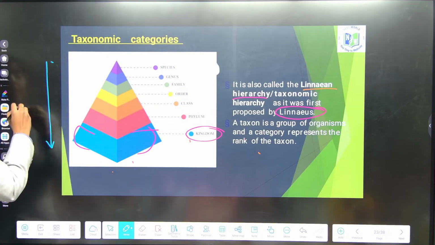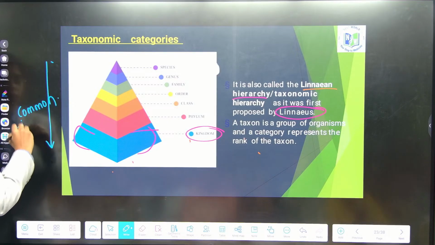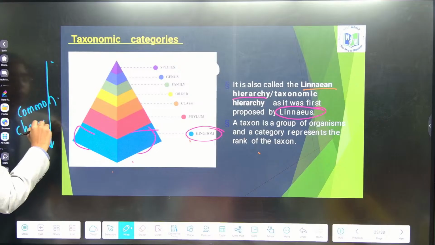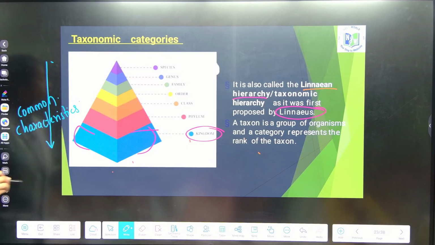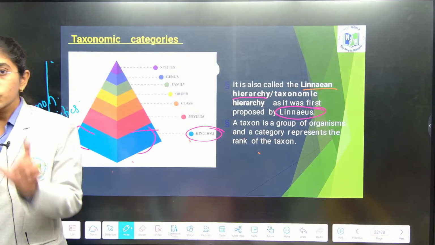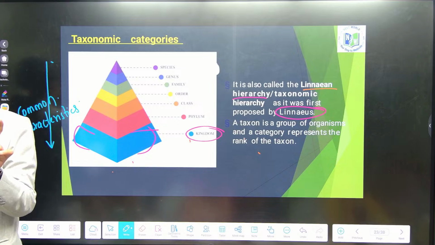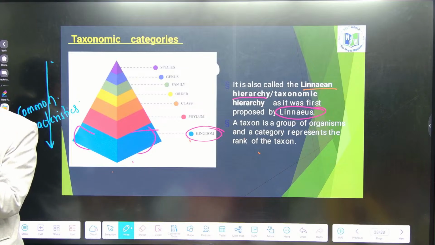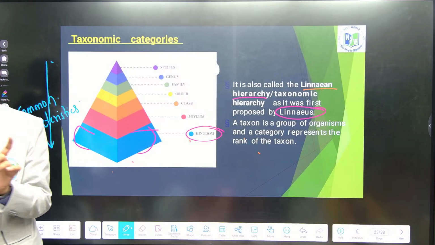So, common characteristics increase with the level of taxon. And specific characteristics, like in species, a set of species will have a set of morphological characters. Specific characteristics will decrease, common characters will increase.